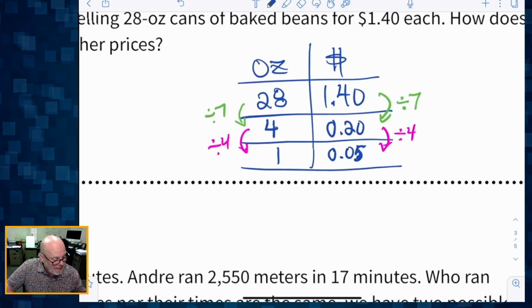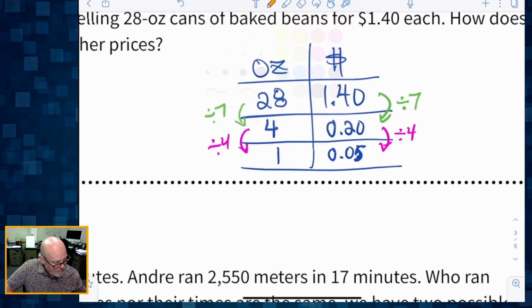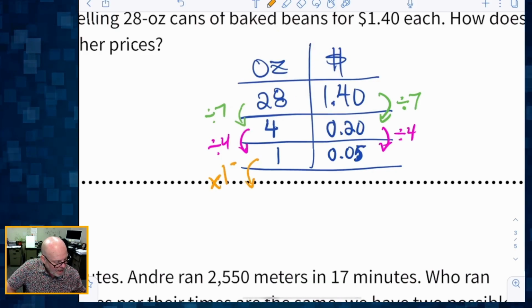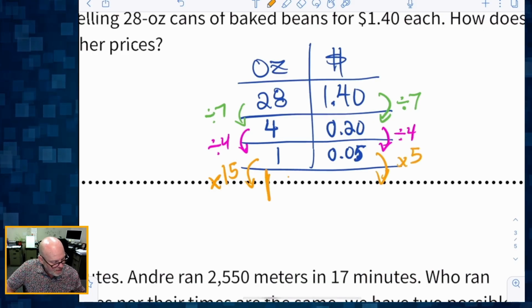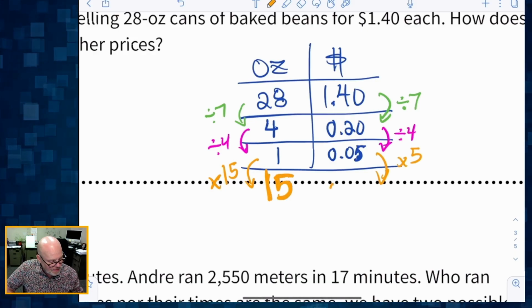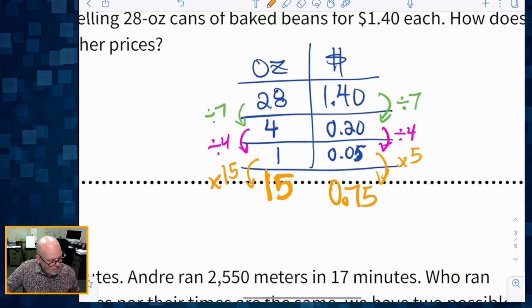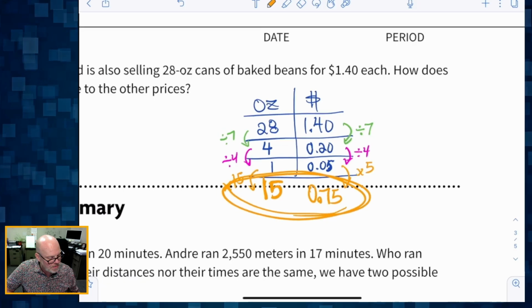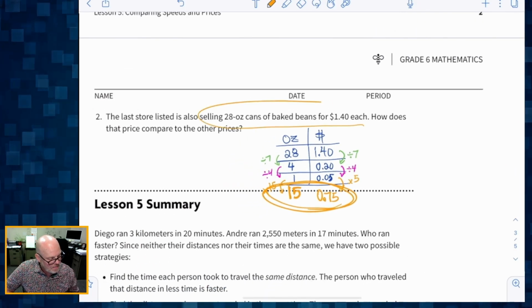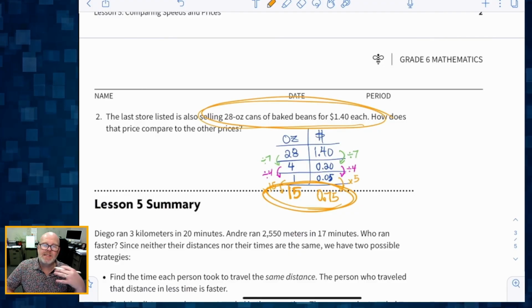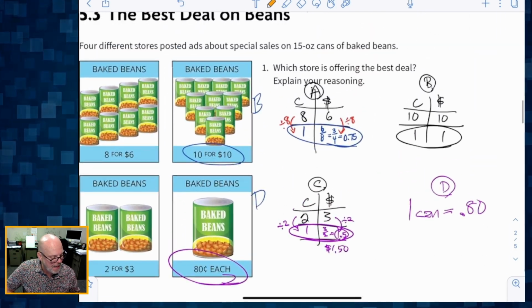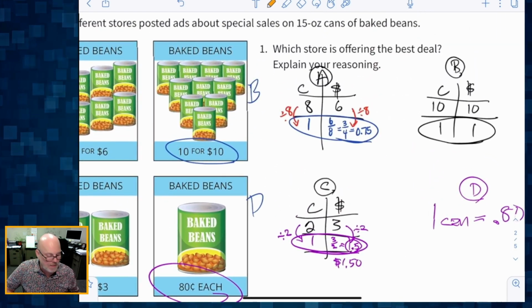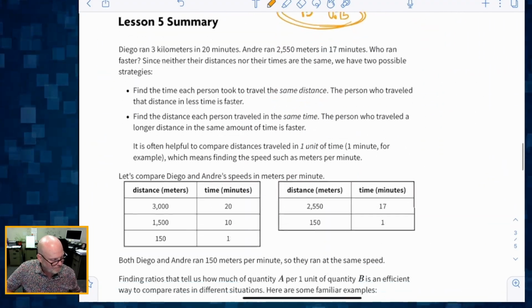If I want to scale it up to 15, I'm going to multiply by 5. So 15 ounces is equal to 0.75. So it turns out that this is the same rate as option A up here.